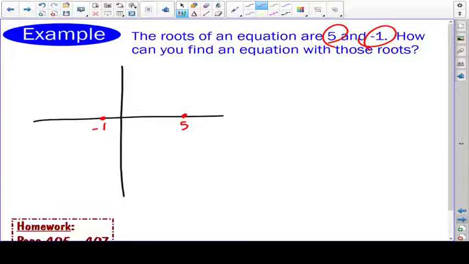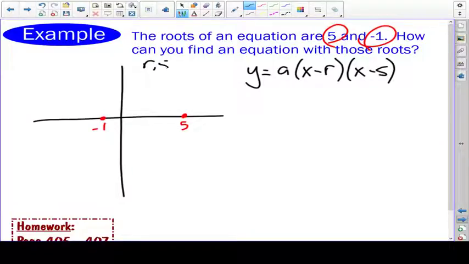The question is, what do we want to do? Well, here's the thing. Yesterday we were given a graph, and I said we're going to take the graph and find out what the equation is. How we did that is we looked at an equation like this: y equals a times x minus r and x minus s, where r and s were the x-intercepts.